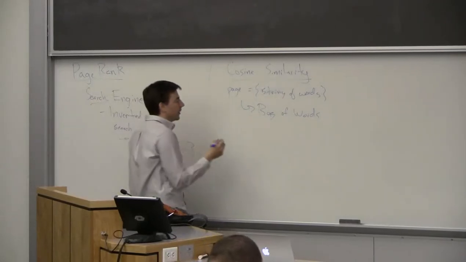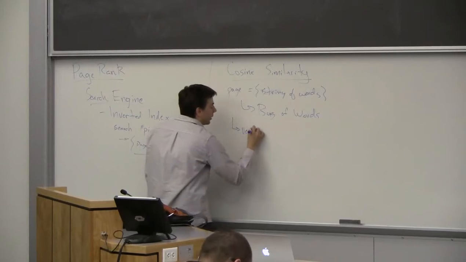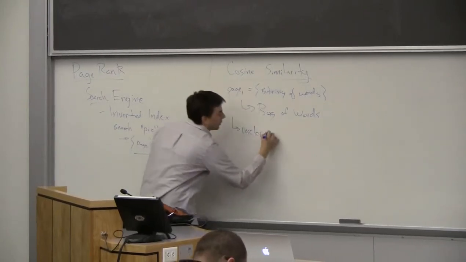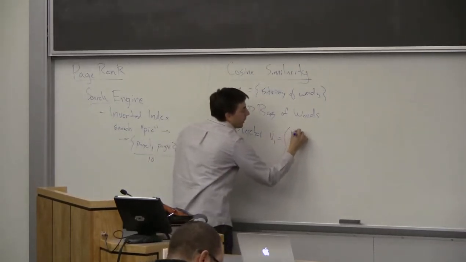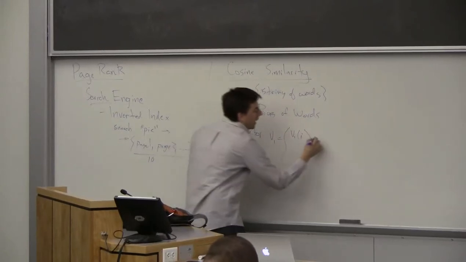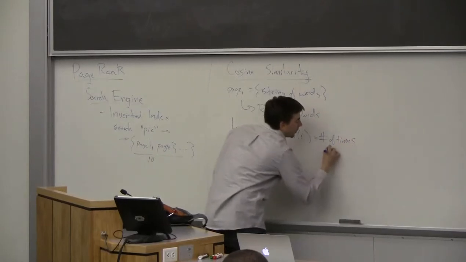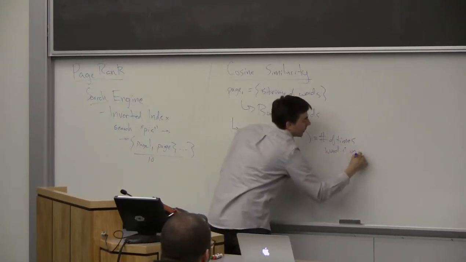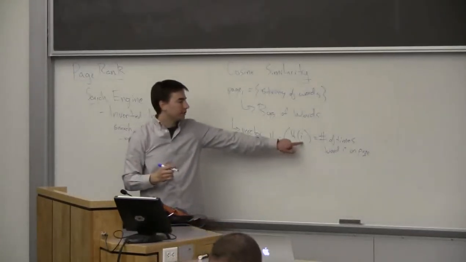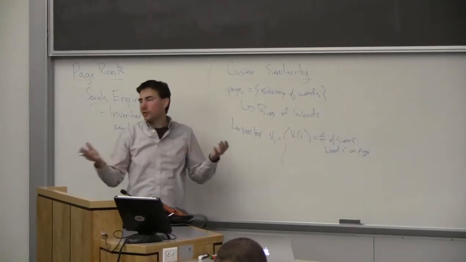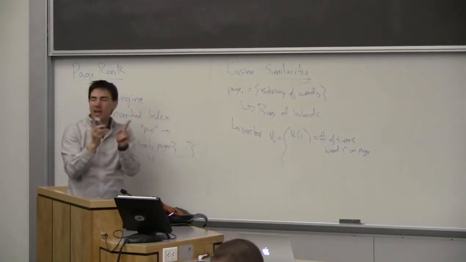And so then you think of each page as some vector. We call this page 1, this was vector v1. And so for v1, entry i had the number of times word i appears on the page. For each word i, it kept track of the number, and most of these were 0. So this was a vector, and then the cosine similarity was essentially the angle between these vectors.